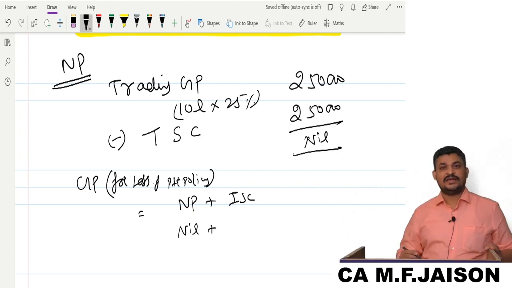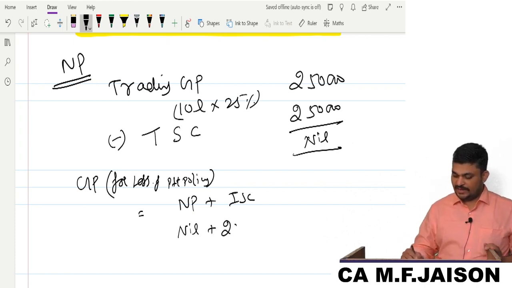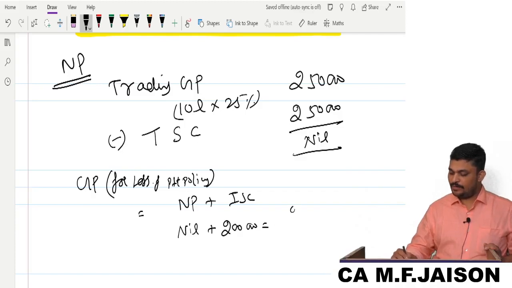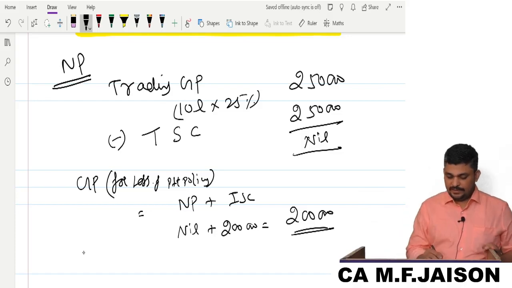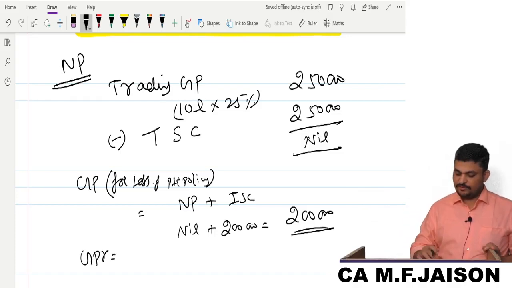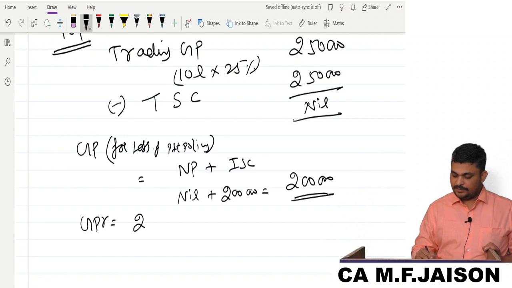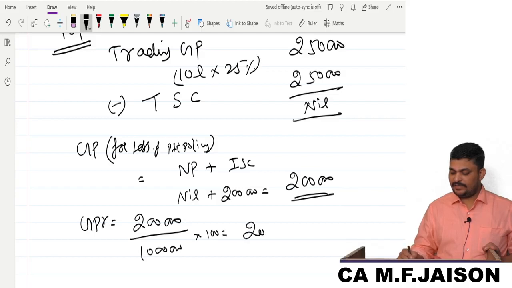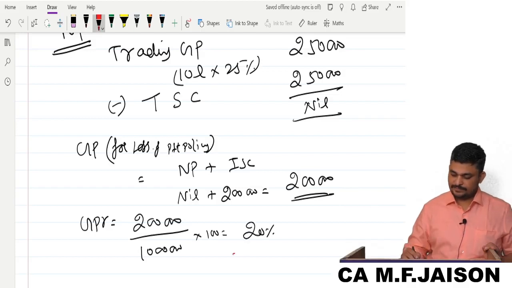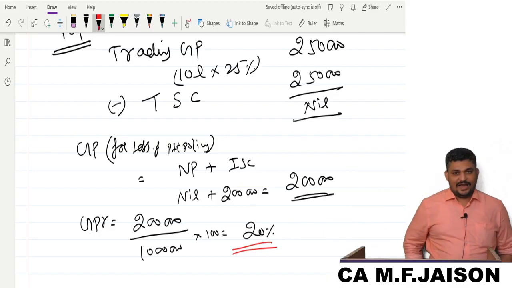What is insured standing charges? 2 lakhs. So it is equal to 2 lakhs. GPR is equal to 2 lakhs divided by 10 lakhs into 100, 20%. I hope you understood this.